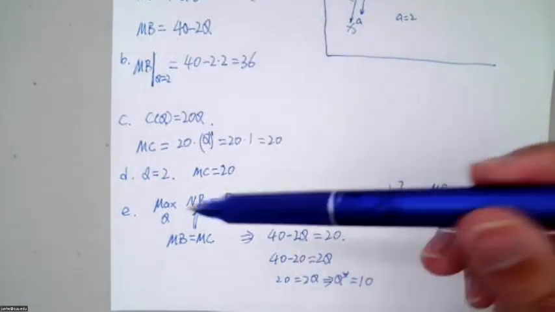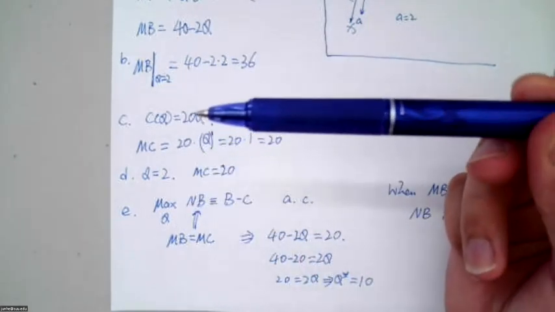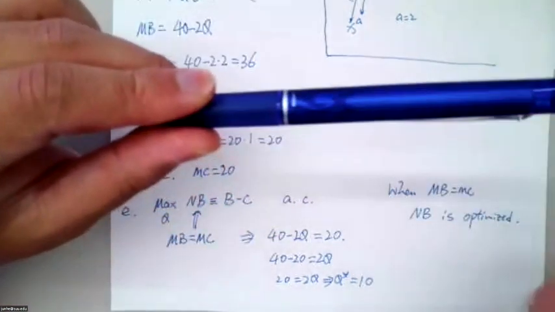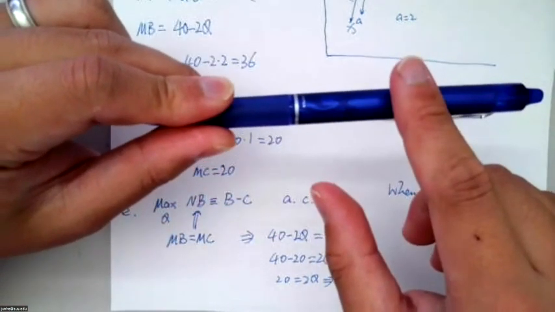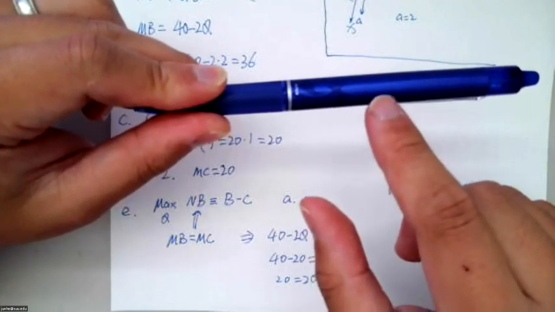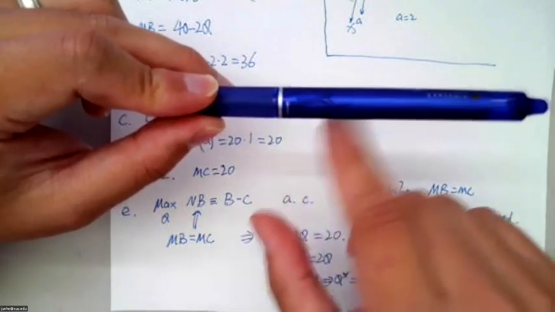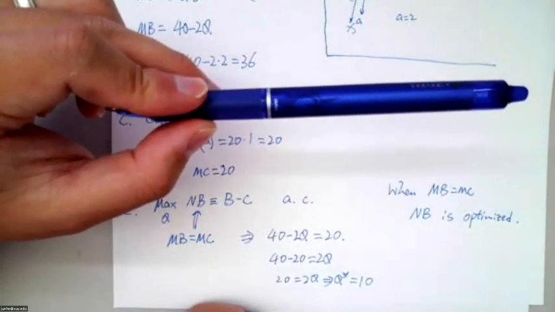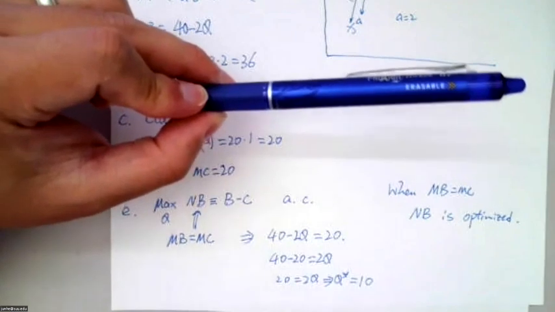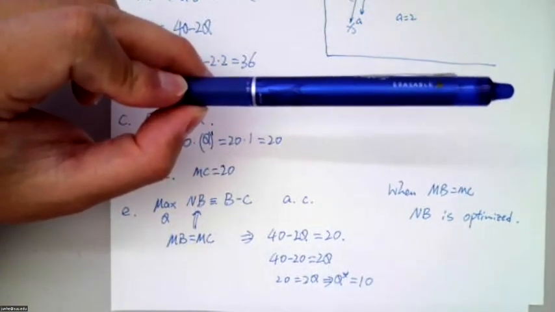If I'm producing this additional pen, the cost is $5. The benefit is 3, converted into dollar value, $3. Should I produce it? No, because in that case the cost exceeds the benefit.